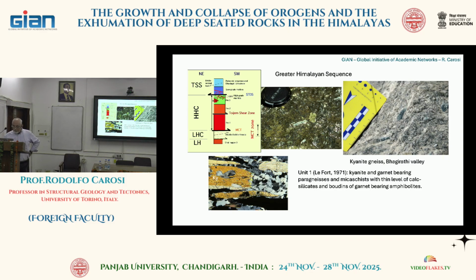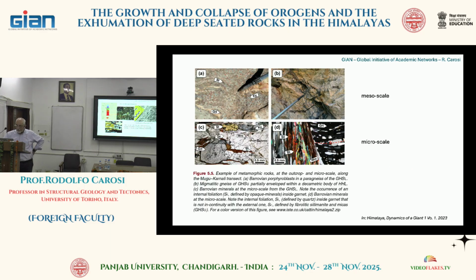There are also some, of course, calc-silicate and boudins of garnet bearing amphibolites, of basic composition. So we are at the base of the Greater Himalayan sequence, called also Higher Himalayan crystalline, but in the last few years, Greater Himalayan sequence is the most commonly used name.